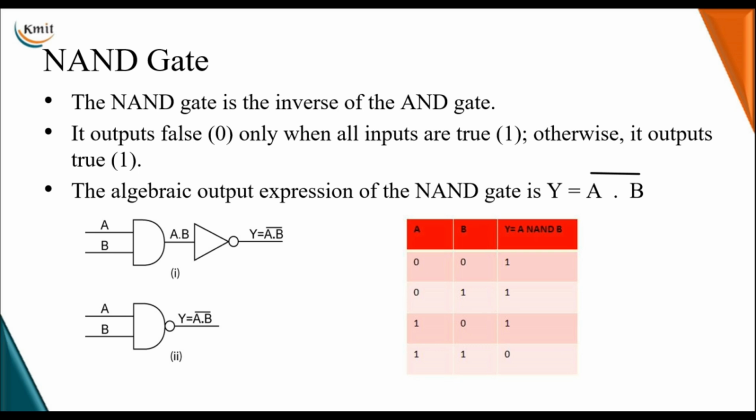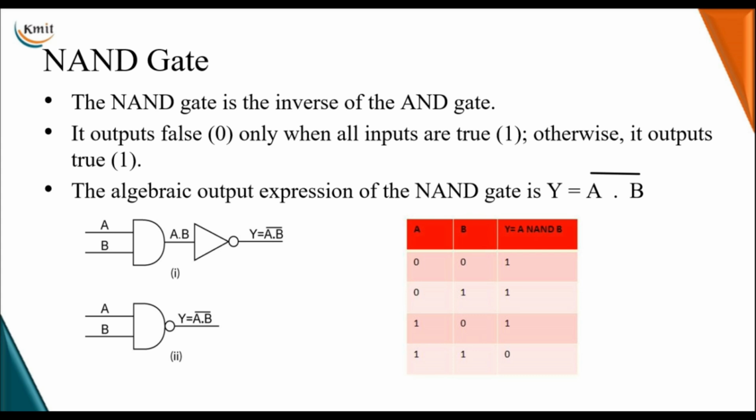Now this NAND gate is defined like the complement of your AND, that is nothing but AND-NOT. It outputs a false value if all inputs are 1, and it will output a logical 1 if any input is 0.